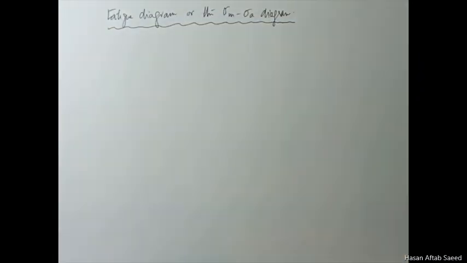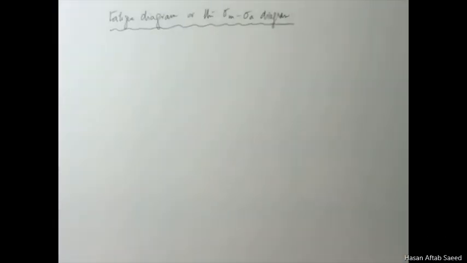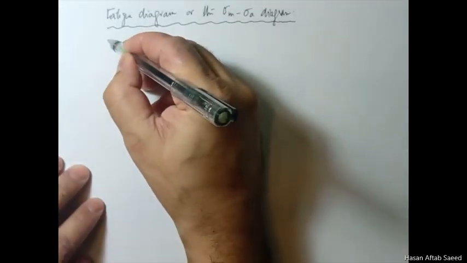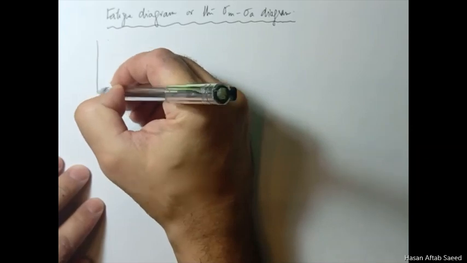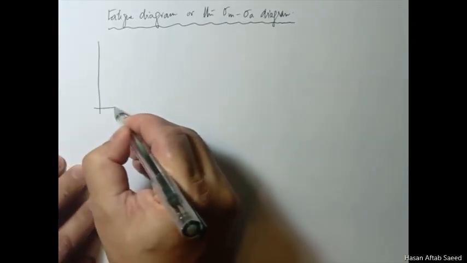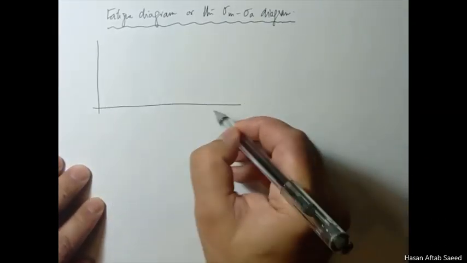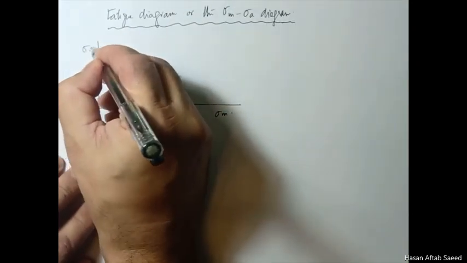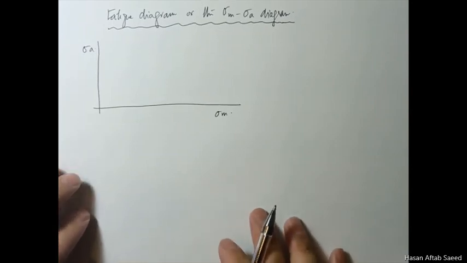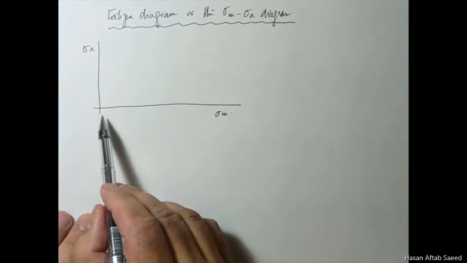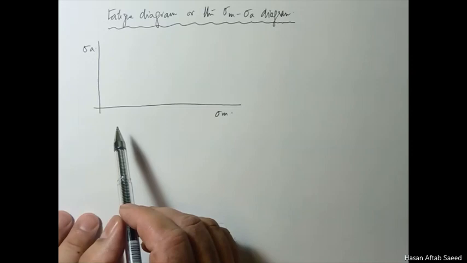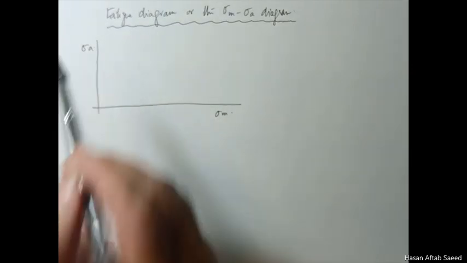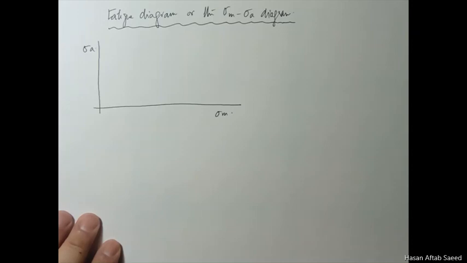Sigma m was always 0. Here obviously we need the effect of sigma m on the system, so we need an axis for sigma m and an axis for sigma a, so that we can see, as we move along sigma m, how much sigma a we can apply on the body for infinite life, for example.